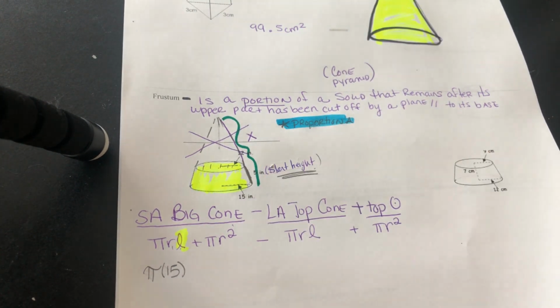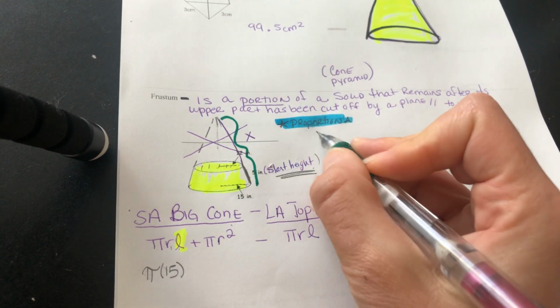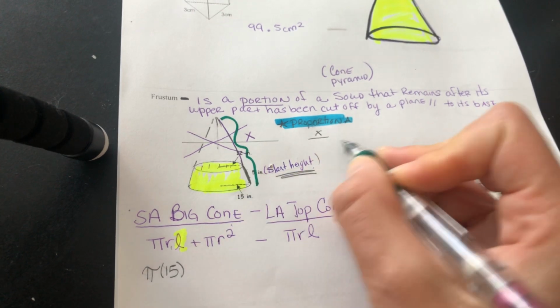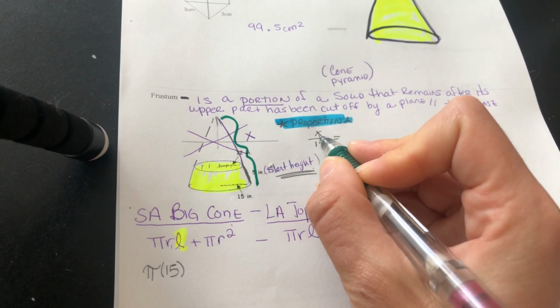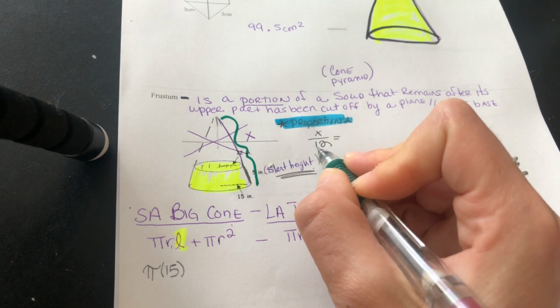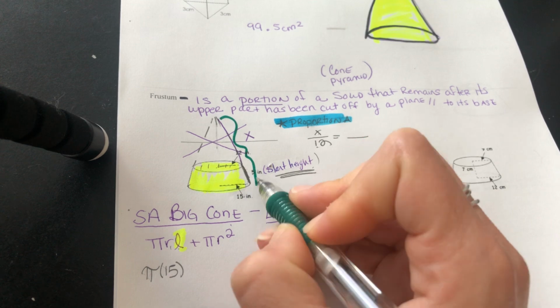Watch how easy. Once you know you have to set up a proportion, you go X over my radius of 12, so the slant height of the top over the radius. Now, here's your other kicker. You cannot do 5 over 12. This 5 is random.